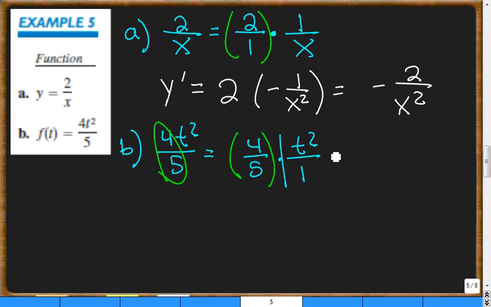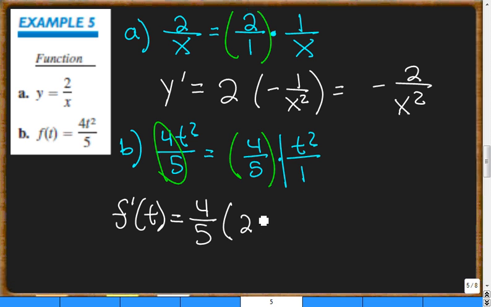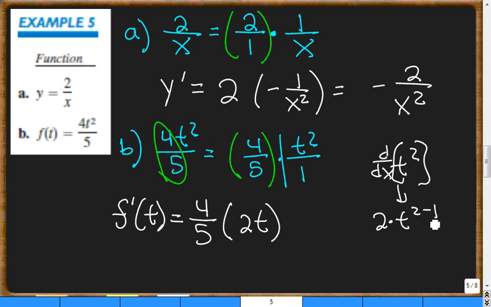So the way this is going to look is that f prime of t is going to equal 4/5 times, or excuse me, 2t. Because if you have t squared, the derivative of that is going to be 2 times t to the 2 minus 1, which is the same thing as 2 times t.